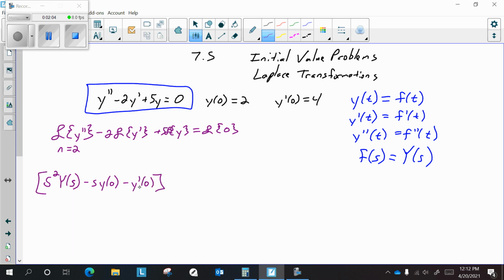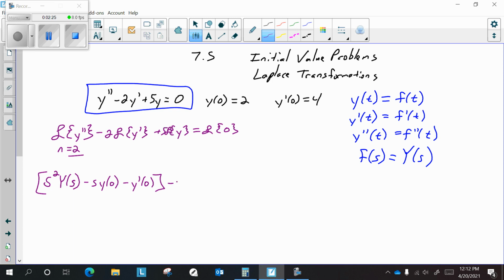So notice we start with the second power of s and we reduce our power of s. So 2, 1, and no s's. We start with the transform of y and then we go to our first derivative. If we had more terms, then it would be our second derivative, third derivative, and so on.